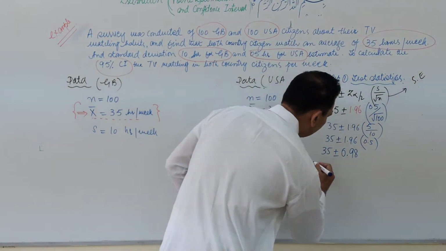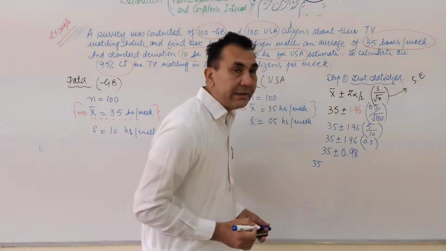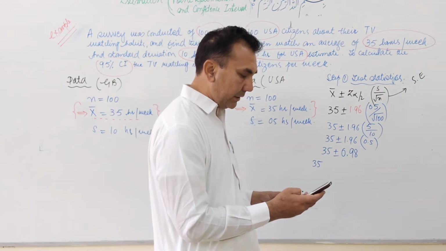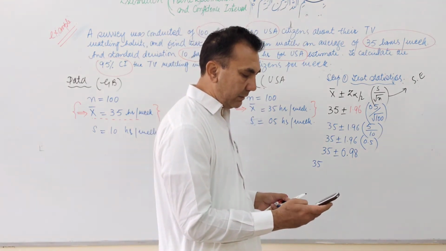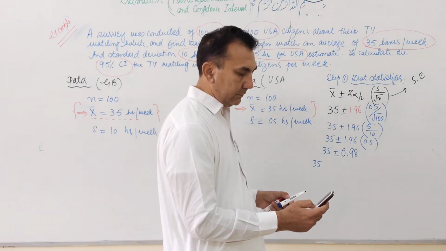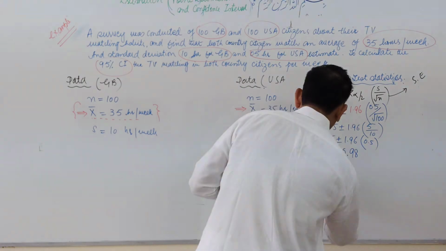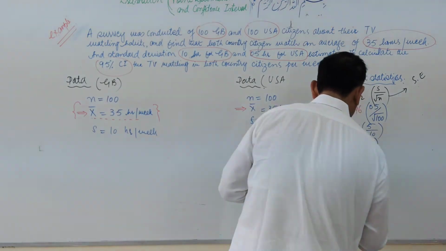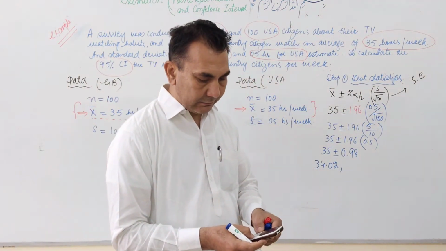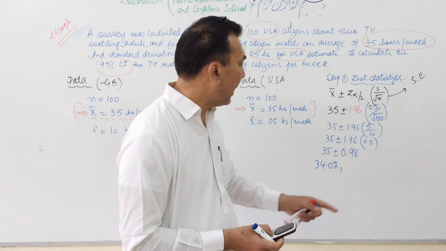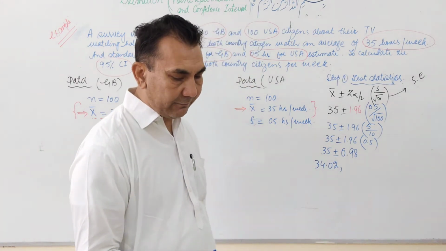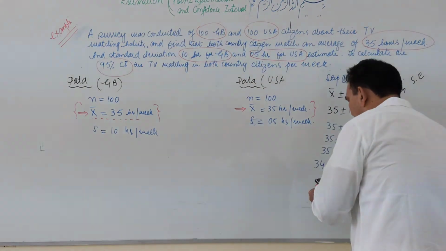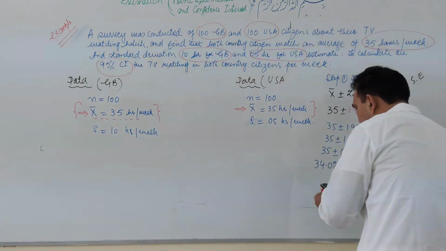The first time you subtract 0.98 from 35, which comes to 34.02, and the second time you add 0.98 to 35, which comes to 35.98.